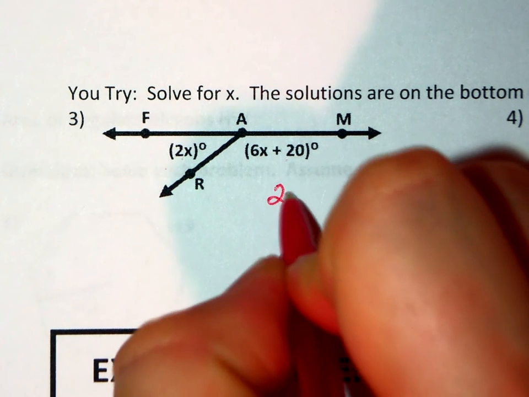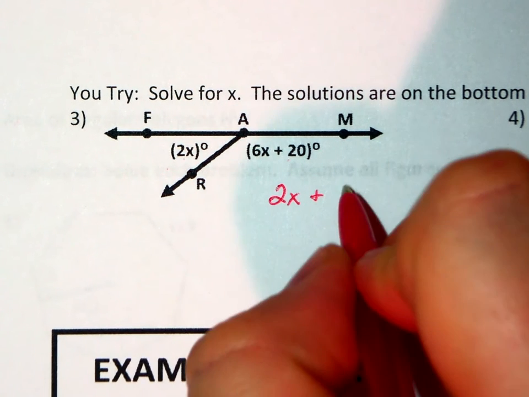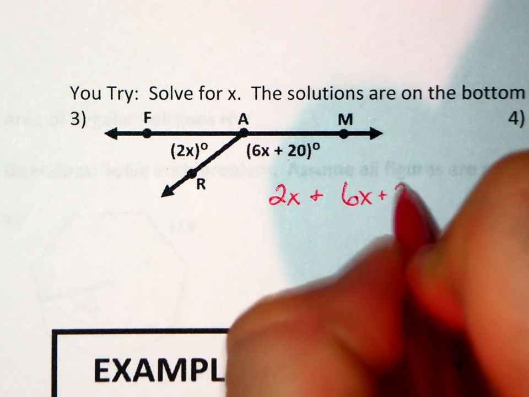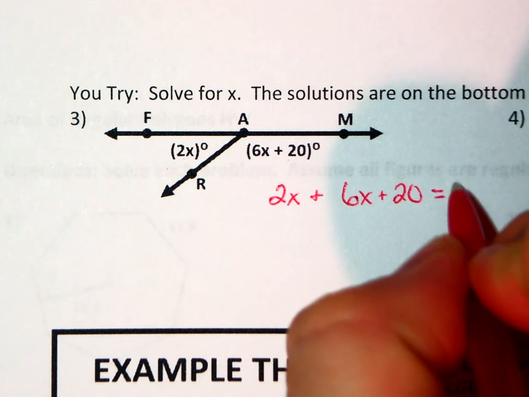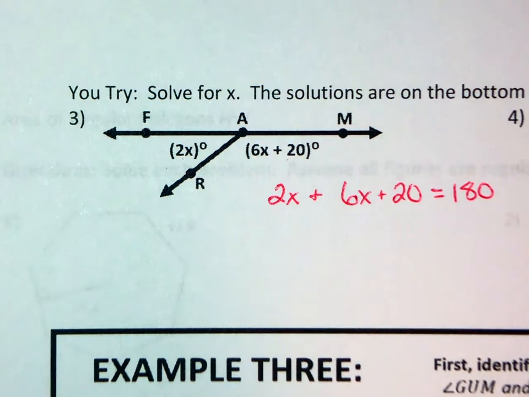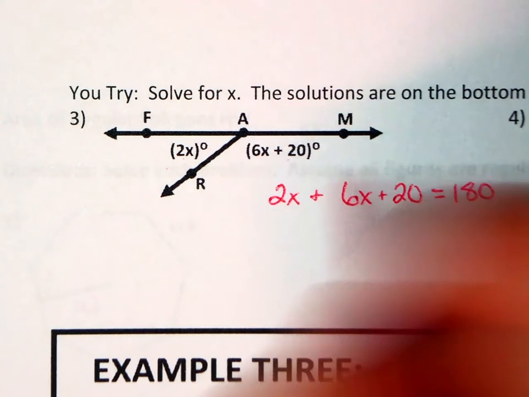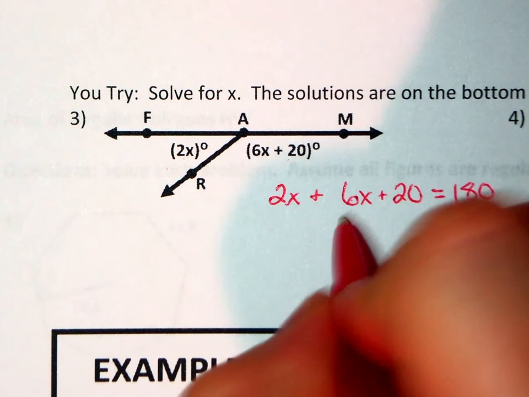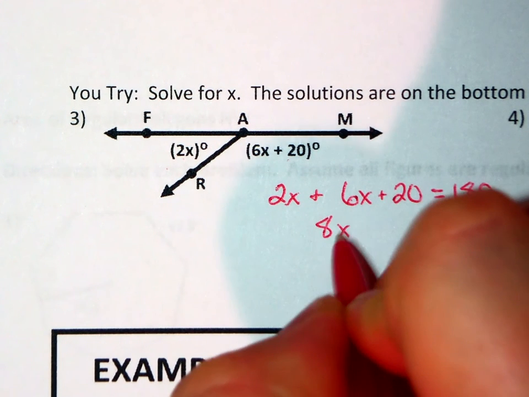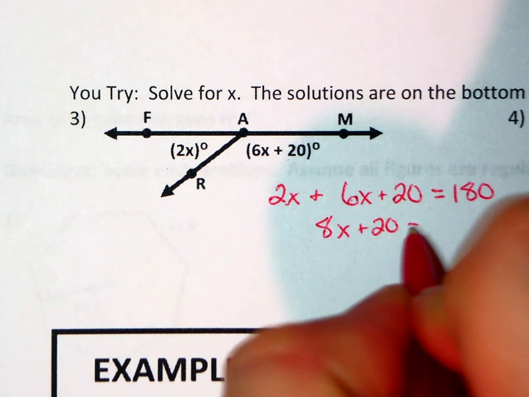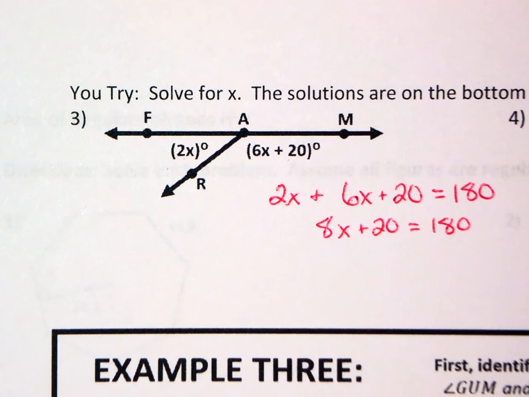So 2x plus 6x plus 20 equals 180 degrees. Now I'll combine my like terms. 2x and 6x is 8x plus 20 equals 180.